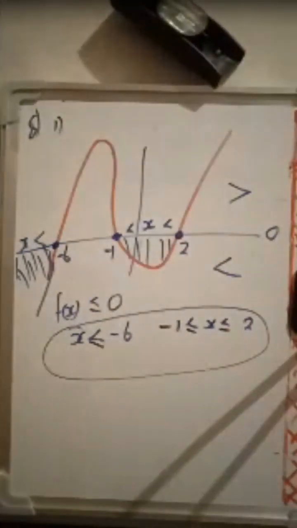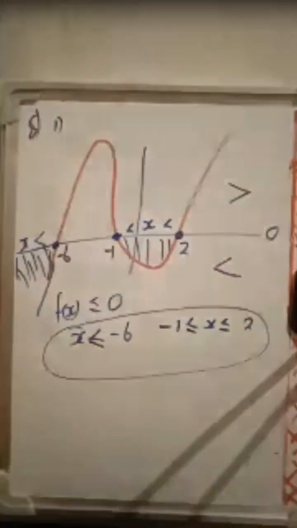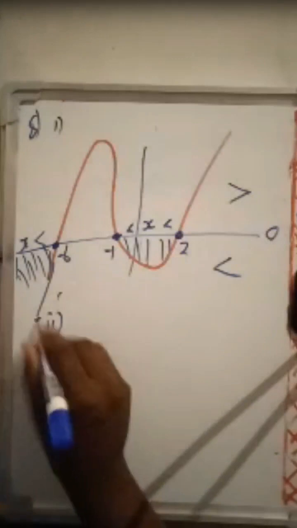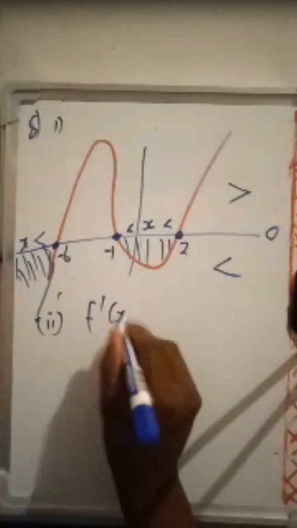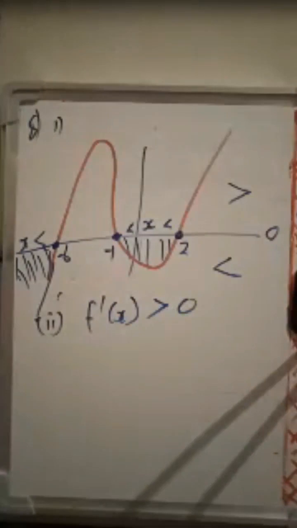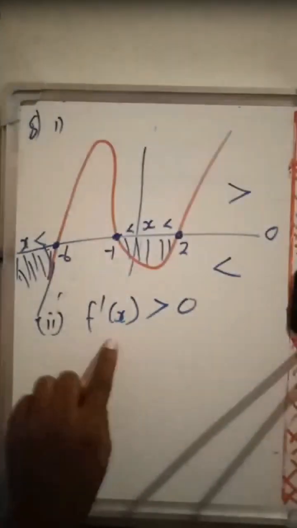The second one, number 2, it's talking about the gradient of x is greater than 0. Now, remember that this means gradient.